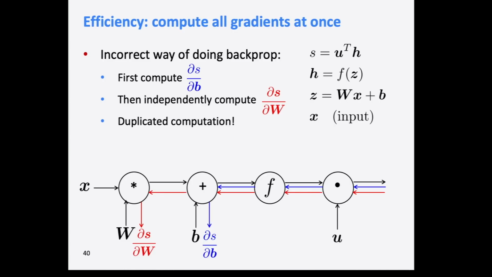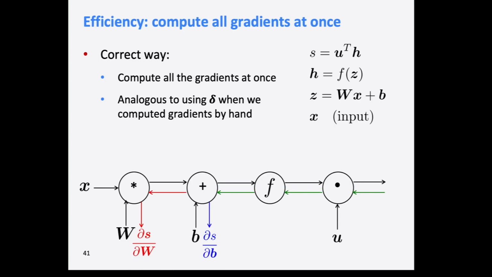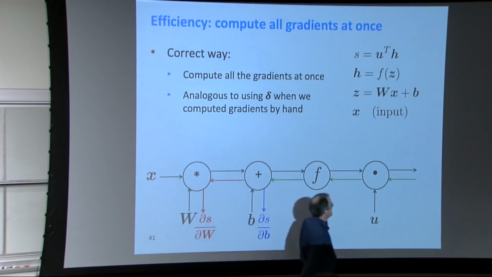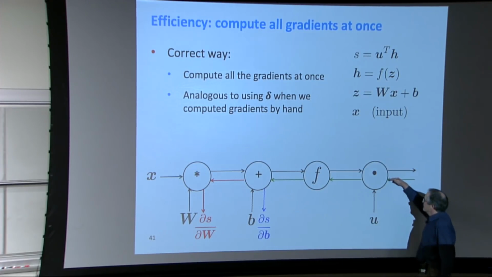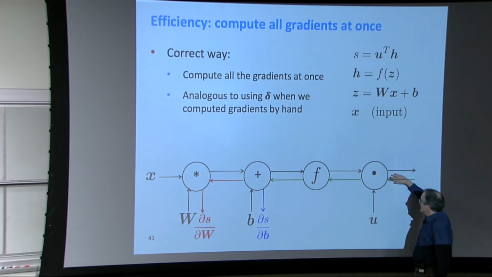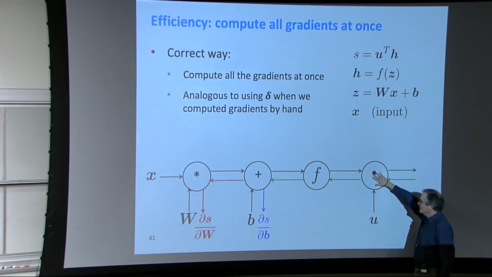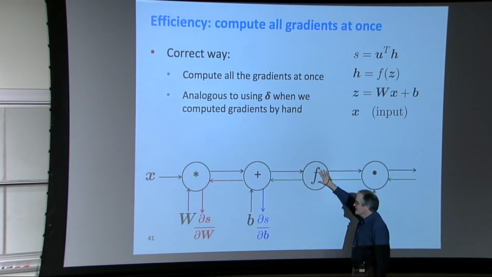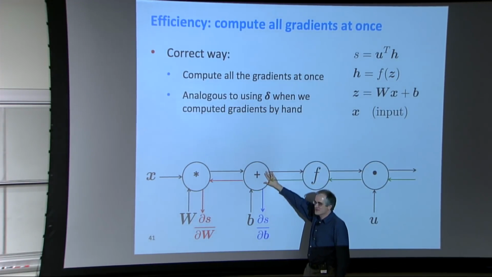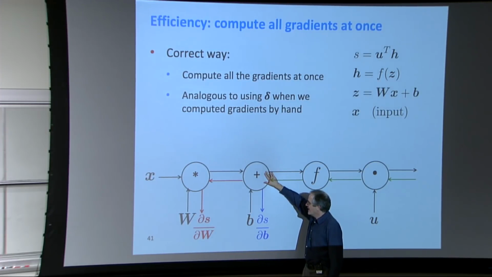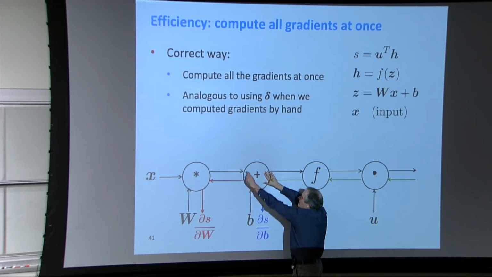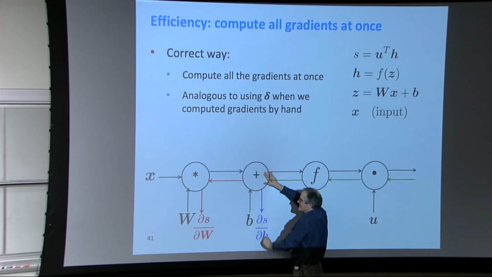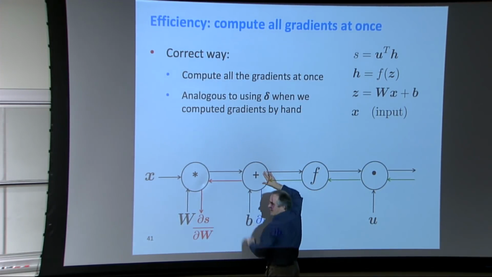Instead, we want to say, oh, look, there's this shared stuff. There's this error signal coming from above, and we can work out the upstream gradient for this node. We can use it to calculate the upstream gradient for this node, and use this to calculate the upstream gradient for this node. Then using the local gradients, of which there are two calculated at this node, we can calculate this one and that one.